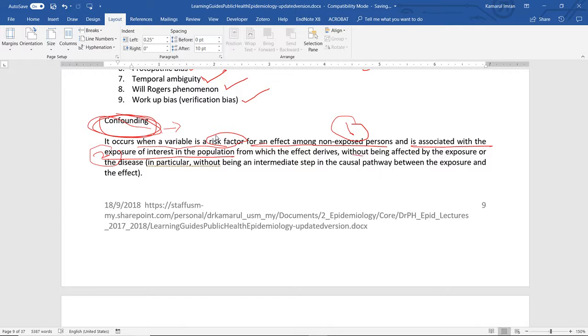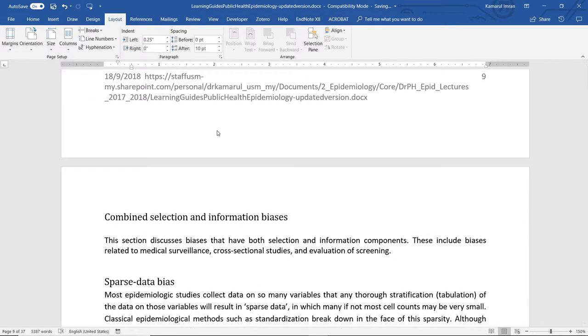And number three, it is not affected by the exposure or the disease. Those are the three things necessary to define a confounder.